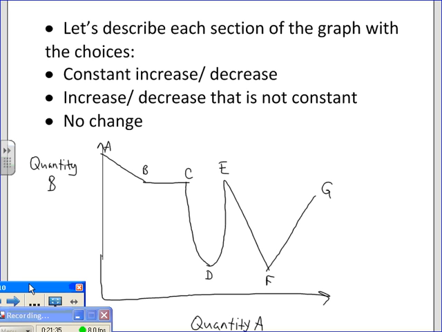If it's going to be constant, that means it's going to be a straight line. An increase or decrease that is not constant will be a curve, so a non-linear, non-straight line. No change will be a horizontal line.